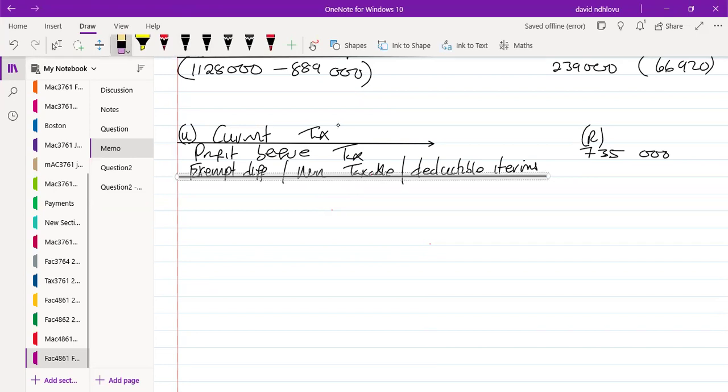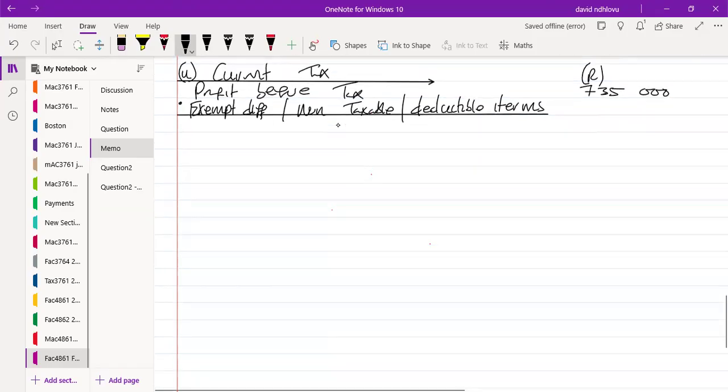Maybe the freshest term is non-taxable or deductible items. This one being an old term, which is usually only found in 3701 module. So you just say non-taxable deductible items. But if you say exempt differences, they will mark. Don't worry about that. Just trying to align with what you will see in your study guide.